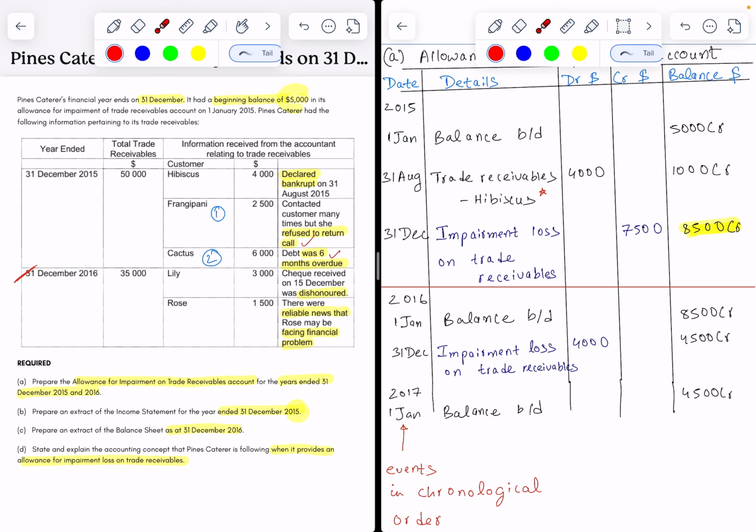So the total that we may not be able to collect from Lily and Rose combined is $4,500, which is obviously going to be the ending balance at 31st of December 2016 for the allowance for impairment of trade receivables account.